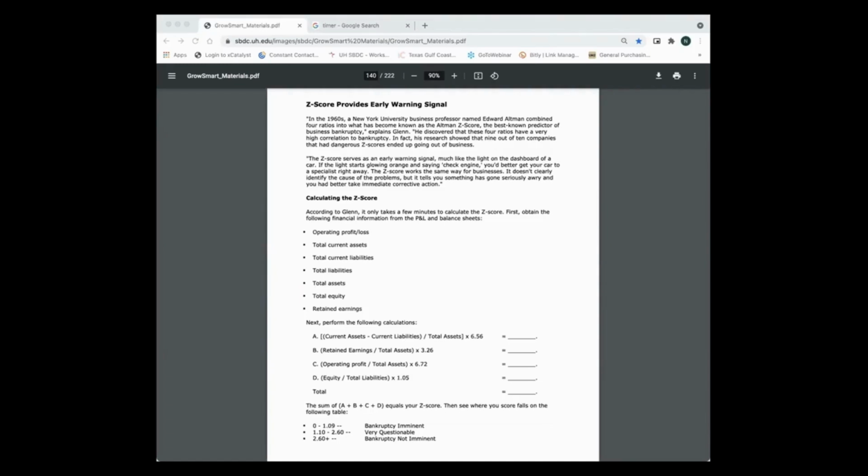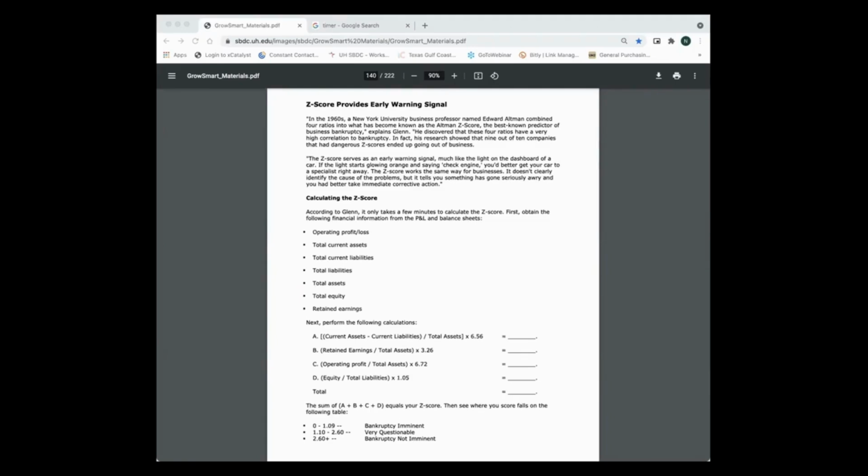But every bank calculates something very similar to the Z-score in making a lending decision.